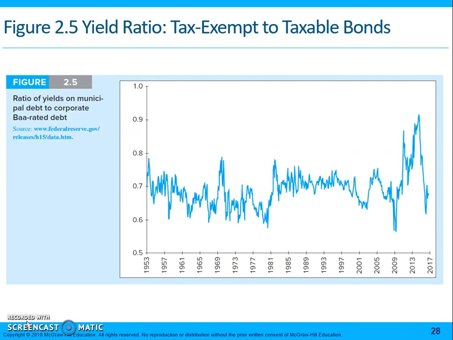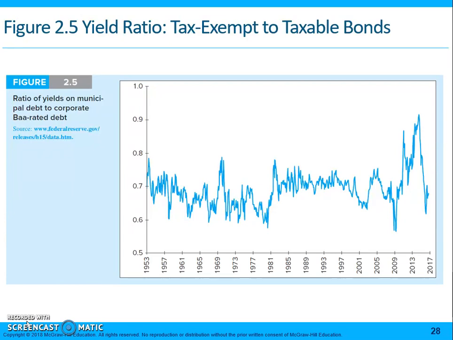Figure 2.5 just shows the ratio of tax exempt bonds to corporate BAA rated debt over time. It starts in 1953 and goes up to 2017. We can see that the range is anywhere from 60% up to 90% in maybe 2014, something of that nature.